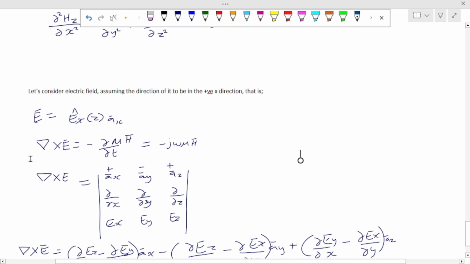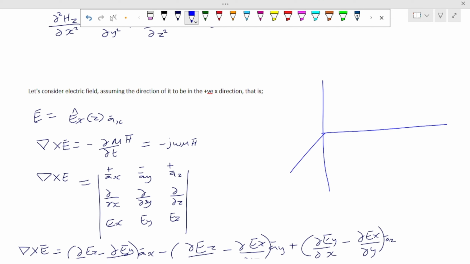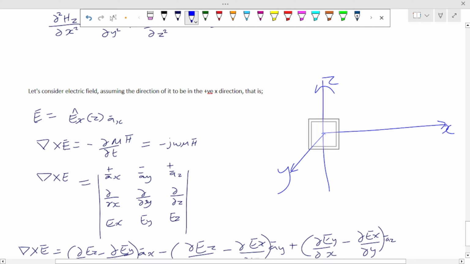So when we say it's traveling in the x direction with z components, let's do this. Let's call this x, and let's call this z, and let's call this y. Now when we say it's traveling in the x direction, meaning the wave is moving in this direction.